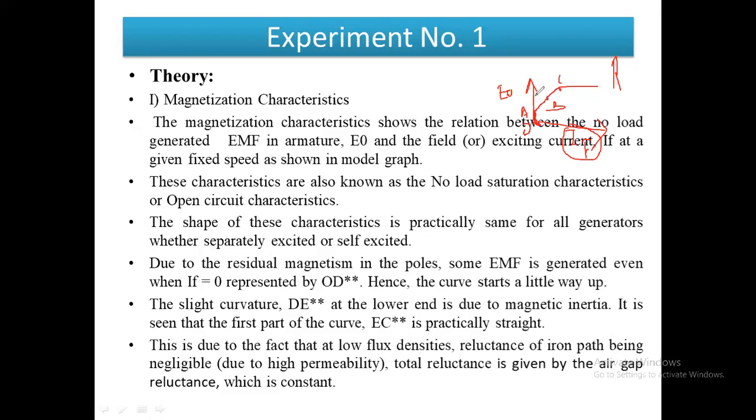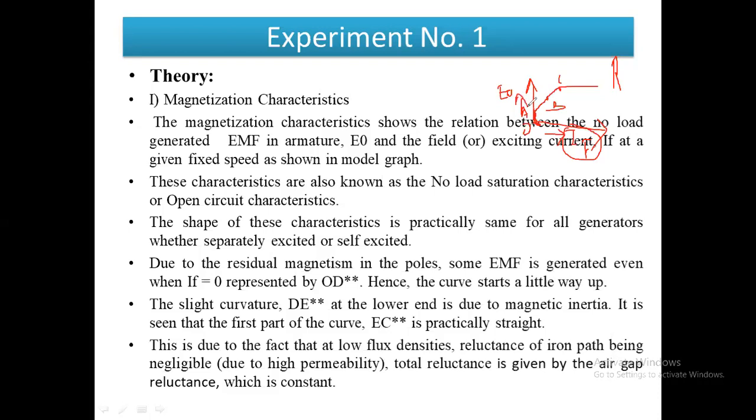After that, if the field current increases, the induced EMF increases, and it gives a linear relationship. This part of the curve is shown by A to B.